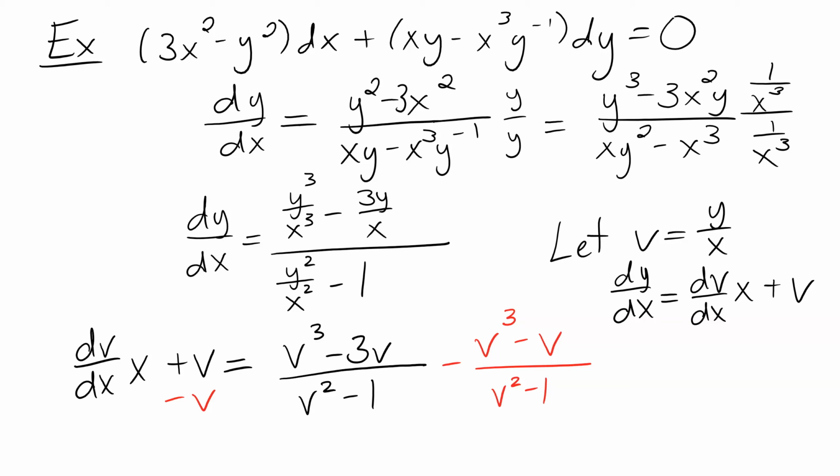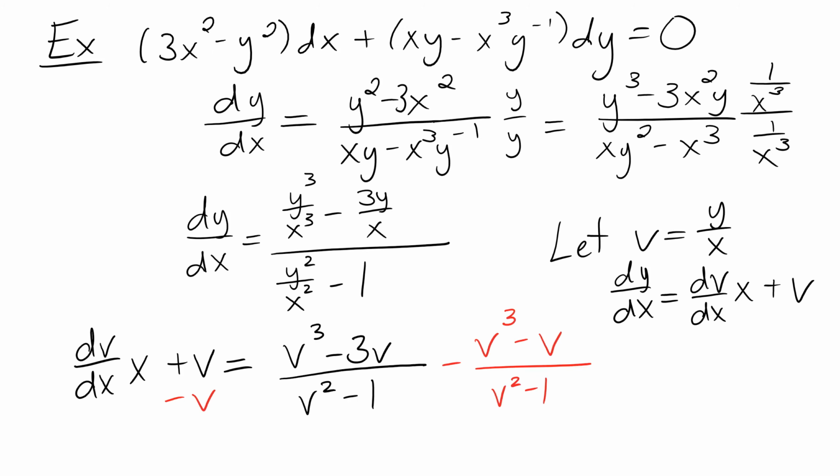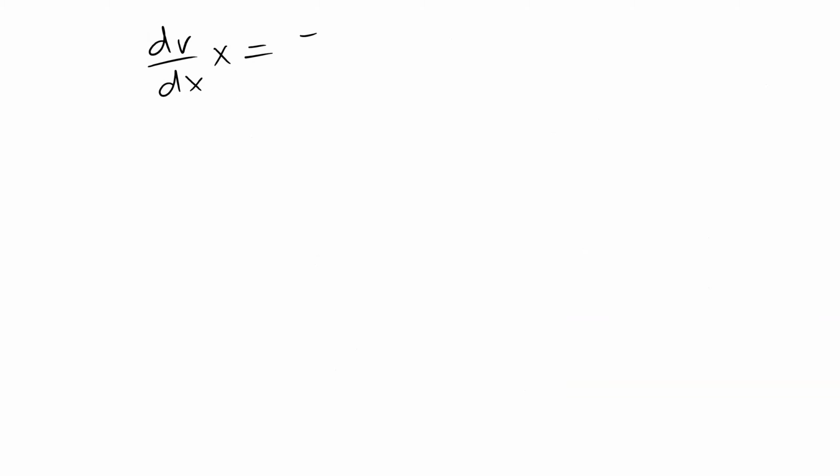So that when I do that, I get dv over dx. We're going to go from page to page. So dv over dx times x equals, I have v cubed minus v cubed, so those cancel. And then I have negative 3v plus v, so I'd have negative 2v all over v squared minus 1.